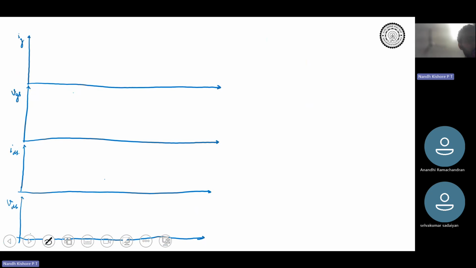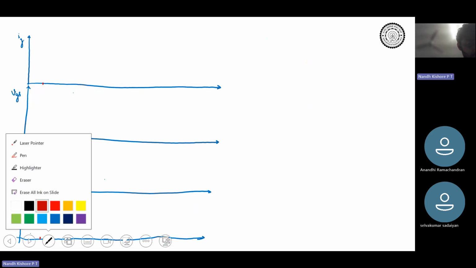Right. So we saw that let's say this is the t equal to 0 interval. Okay. So your VGS was initially at VE, and then at this point, let me draw it in another color.